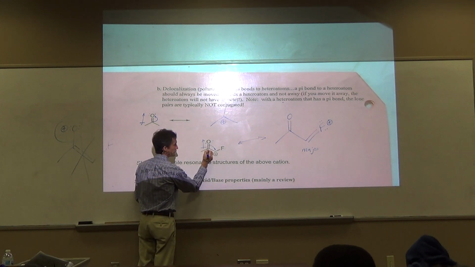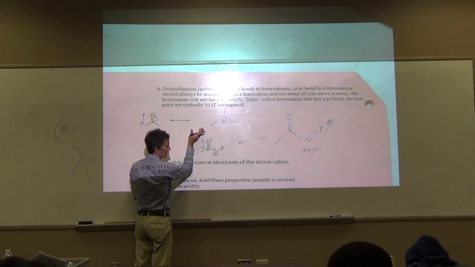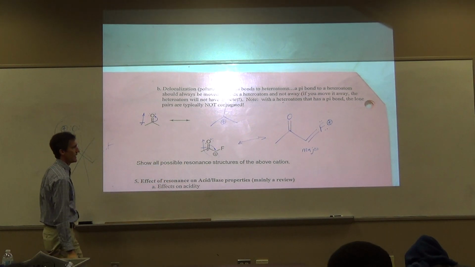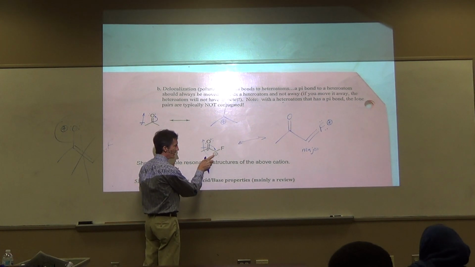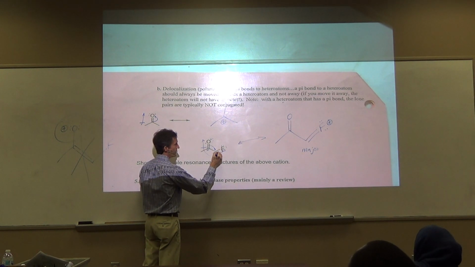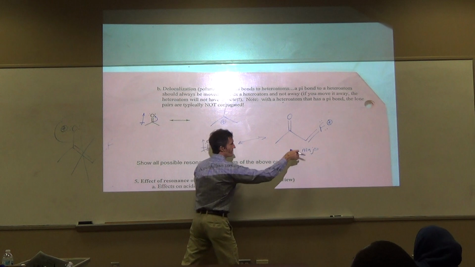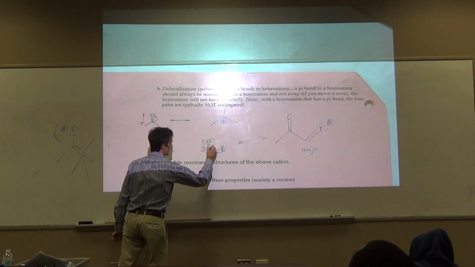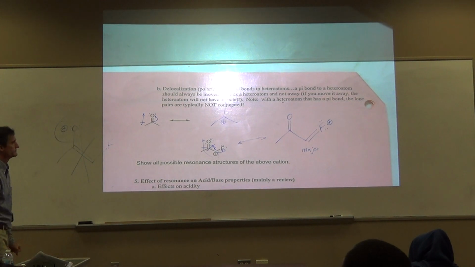This is actually partial plus, partial minus over here. And this right here is actually not great. It's going to be kind of hard to form a cation here. We are helped out by this guy who's willing to help, and we show that in this resonance structure. Not that good.